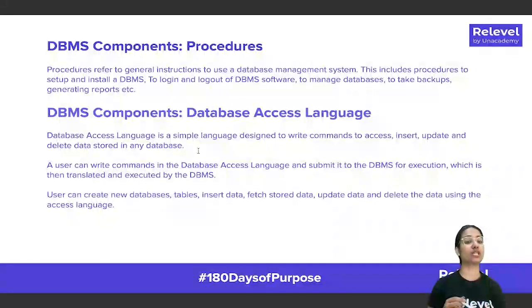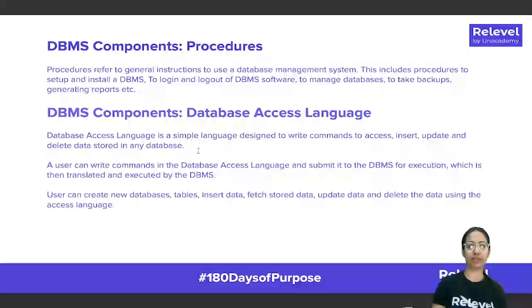The fourth is procedure. Procedure basically refers to general instructions to use a database management system, right? This includes procedures to set up and install a database management system, to log in and log out of the database management system software, to manage databases, to take backups, generating reports, etc. So this happens more at the enterprise level.